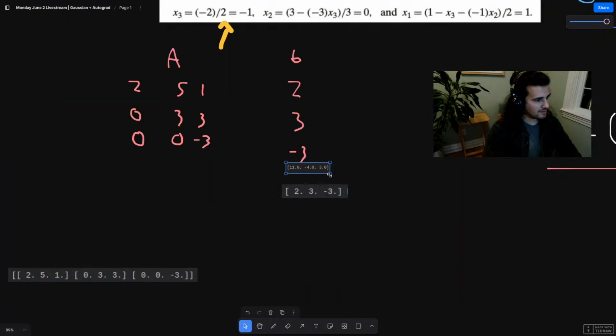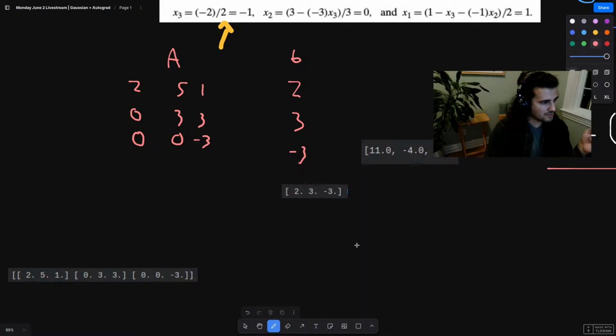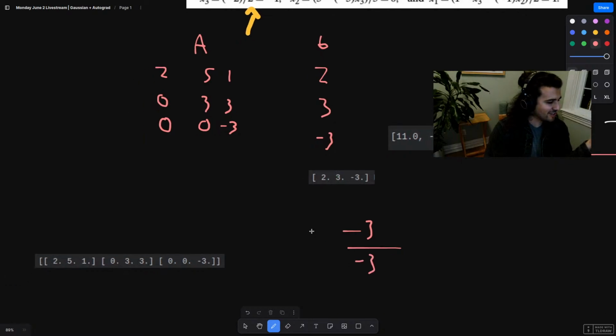Okay. If it's 11, the answer, and I'm going to do -3 divided by -3. This doesn't work. Makes no sense.